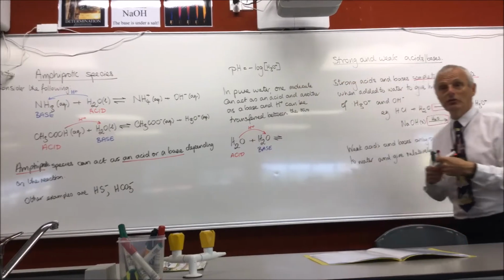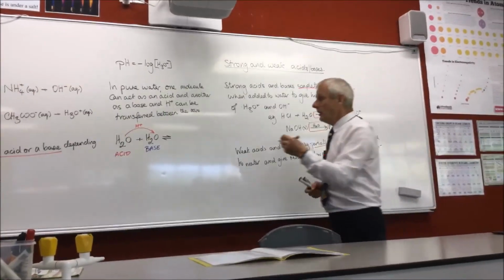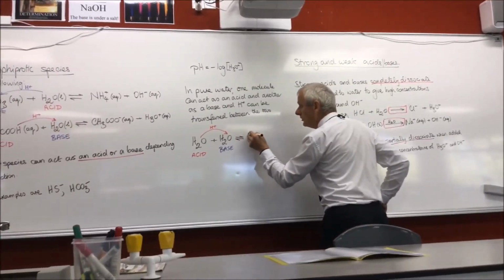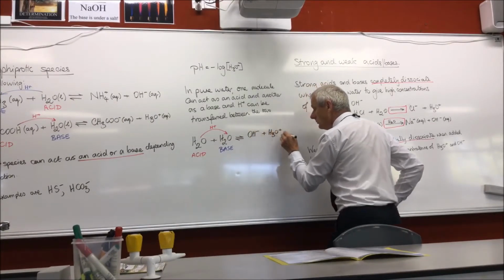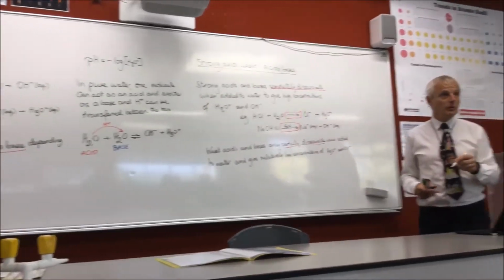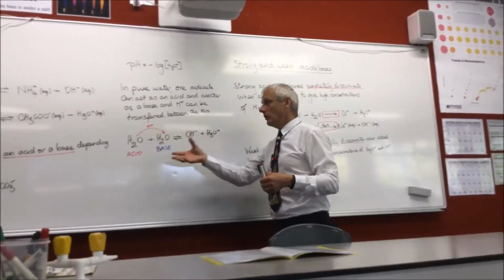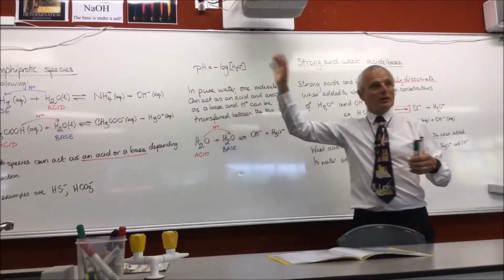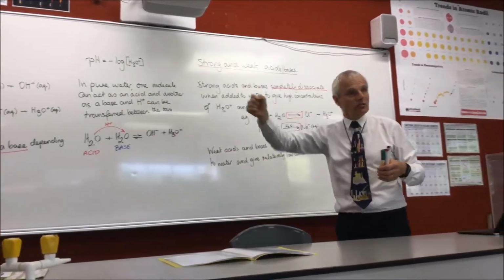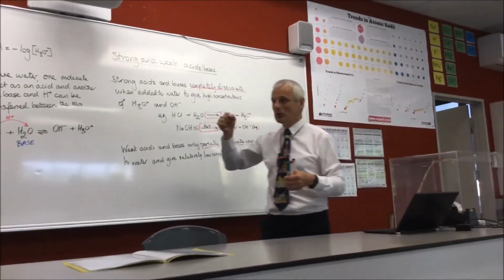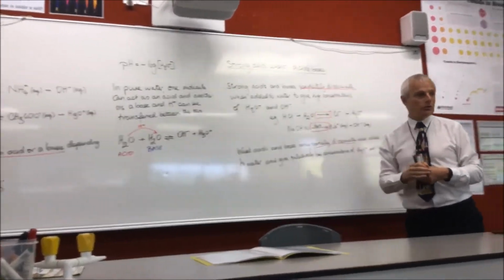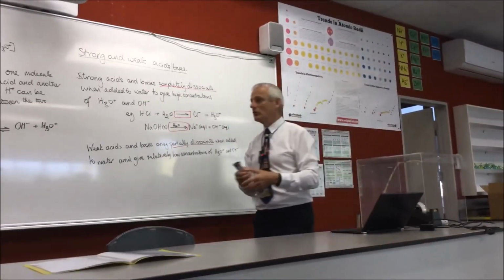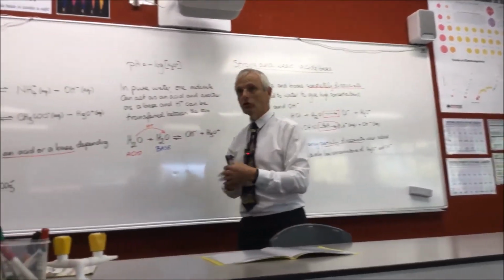Because the acid donates the proton to the base, what you end up with is OH minus plus H3O plus. Okay, is everybody happy with that? So if we take away all acids and bases and just look at pure water for the moment, there's no reason why one molecule of water can't act as an acid, another as a base, and the protons transfer between the two.